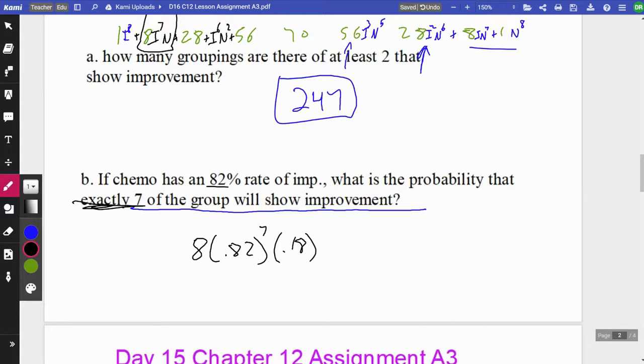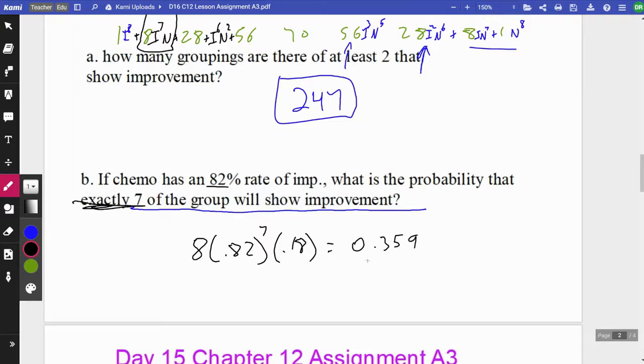All right, so this is 8 times 0.82 to the 7th times 0.18. I get 0.35897. That's a lot.